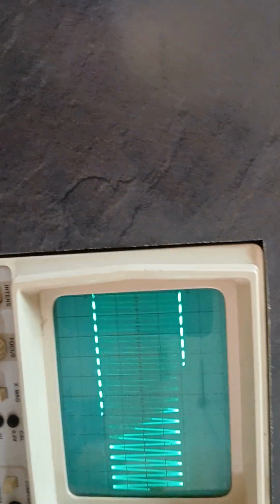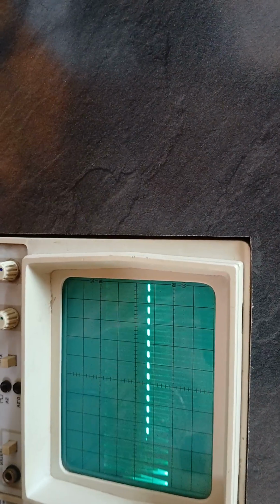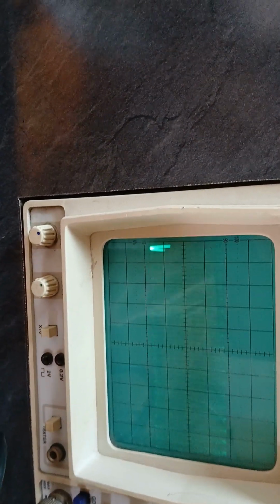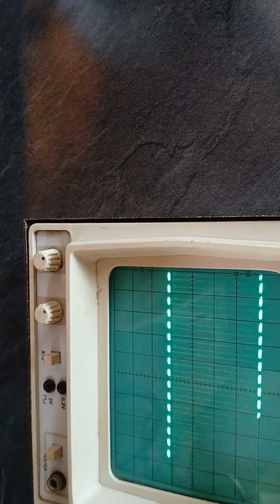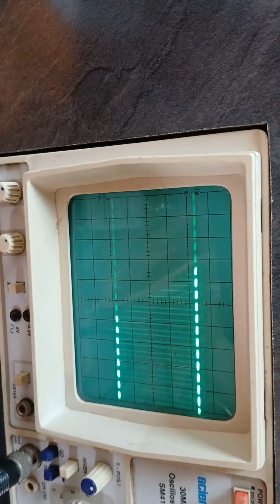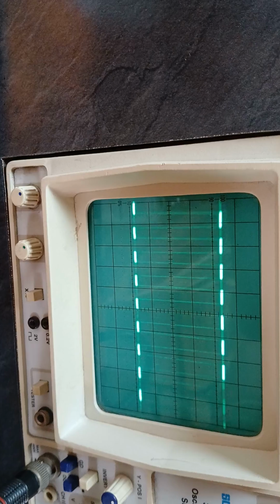The first channel shows the sine wave input given, and this is the square wave output we get. We can vary the time duration and see the perfect square wave.